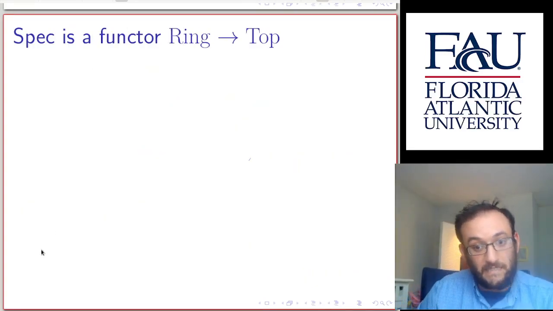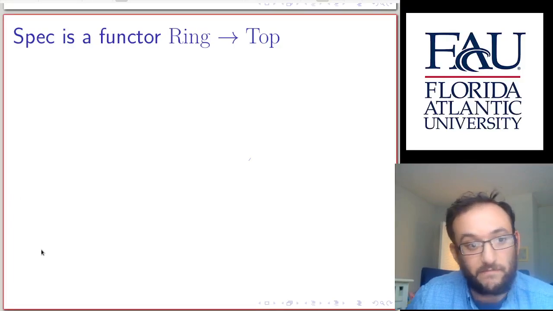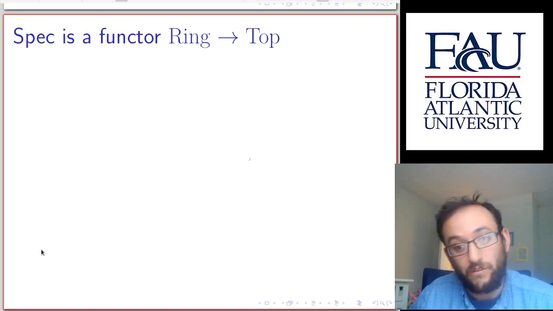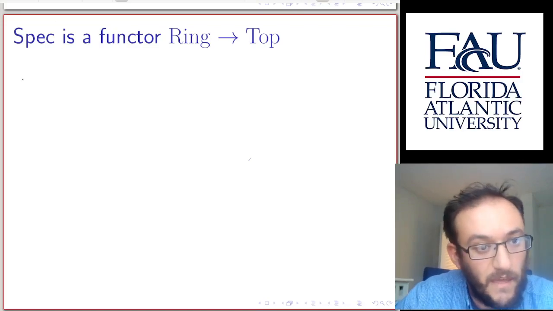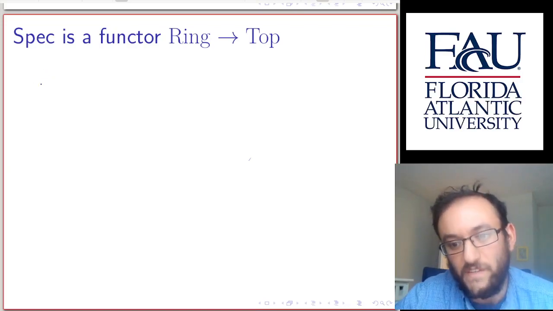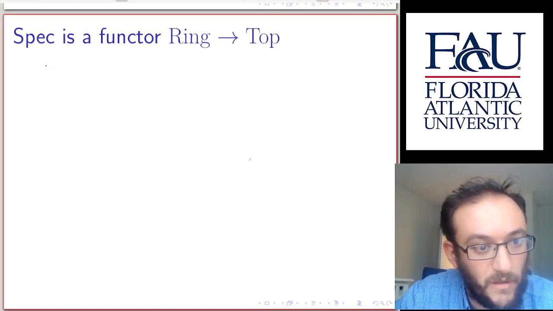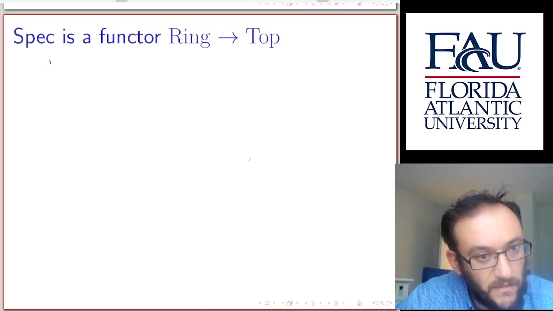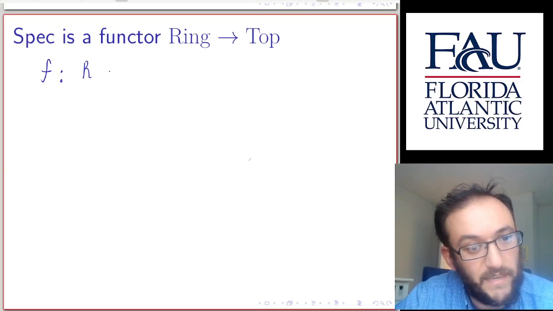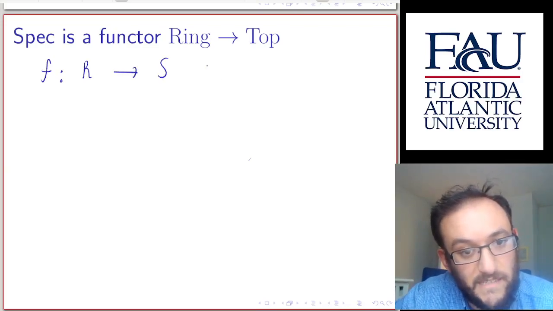All of this leads us to the grand conclusion that Spec, taking the spectrum of a ring, is a functor from the category of rings to the category of topological spaces. And in particular, we want to look at morphisms and see how this functor acts on morphisms. So the morphisms in Ring are the ring homomorphisms, obviously. So we have F from R to S is a ring homomorphism.